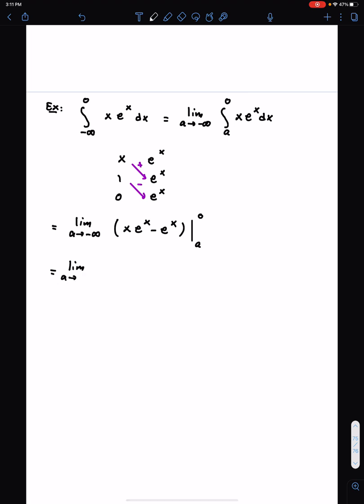So limit as a approaches negative infinity. If I plug in 0, 0 minus e to the 0, which is 1, minus, if I plug in a, a e to the a minus e to the a.